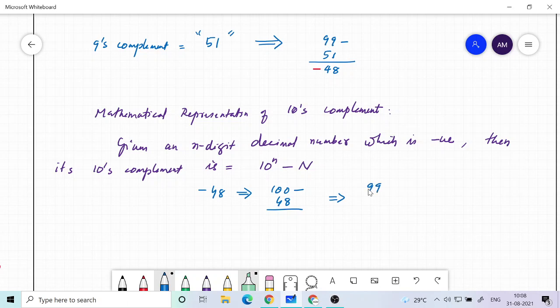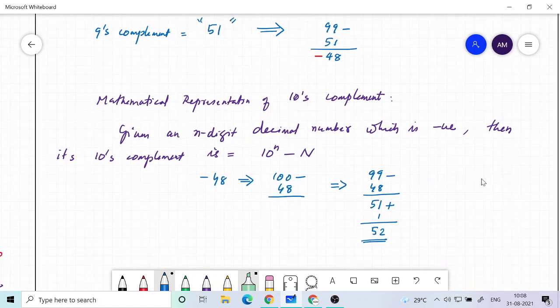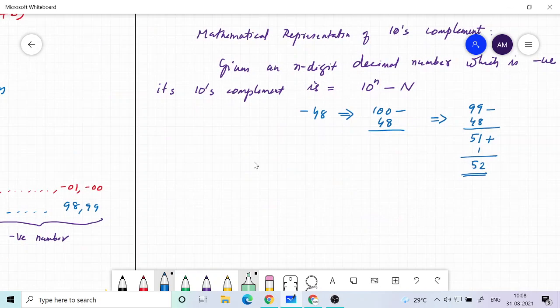So 100 you can write as 99 plus 1. So 99 minus 48, whatever we get, that is 51. Earlier we have done this, and then plus 1 to it, so that will give you 52. So minus 48 is represented by the number 52.